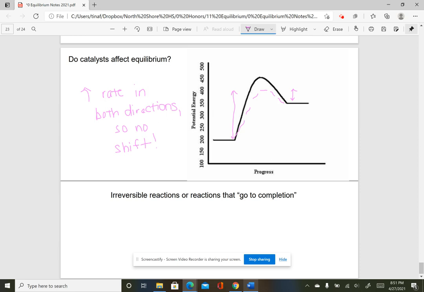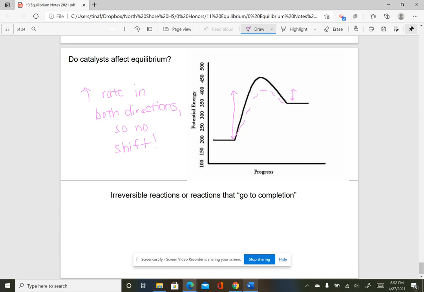So if the pitcher comes off, one person leaves the field, another person goes back on the field to replace them. That's equilibrium, right? A catalyst would be like if the pitcher ran off the field instead of walked off the field. Well, if the person replacing him ran onto the field instead of walking onto the field, they're still switching places at an equal rate. And that's considered a catalyst. They're both running instead of both walking. So everything stays the same.